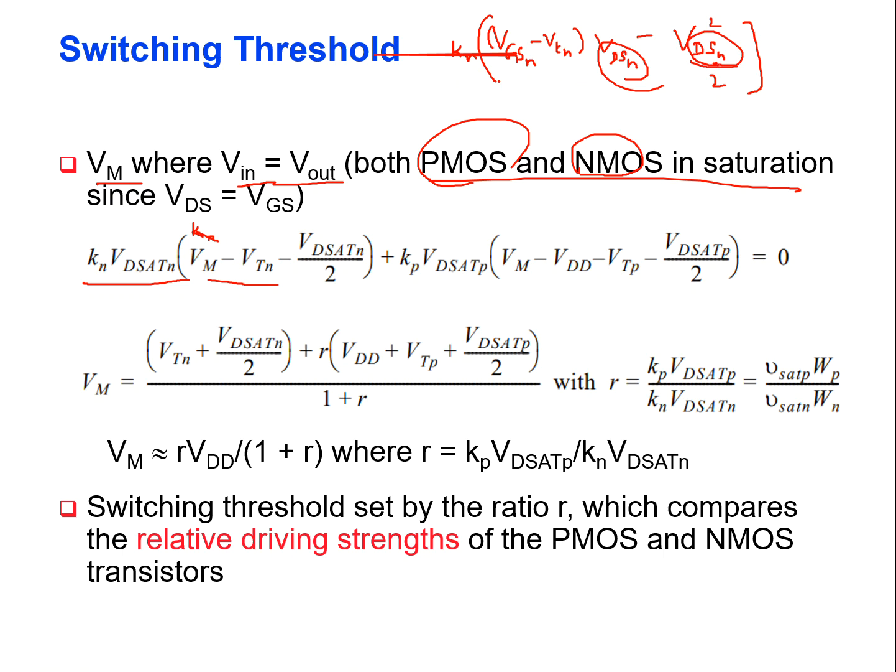For VGSN, we are replacing with VM, the middle voltage, and for VDSN we are replacing with VDSN saturation, because both PMOS and NMOS are in saturation. We take VD saturation as common, Kn is there, and instead of VGSN we write VM minus VTN minus VD saturation divided by 2.